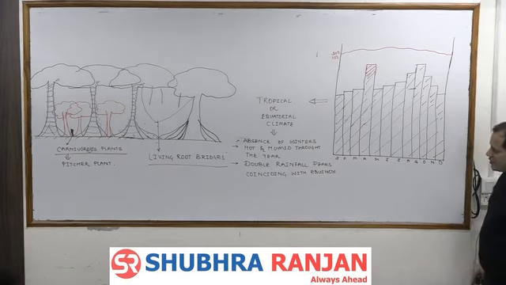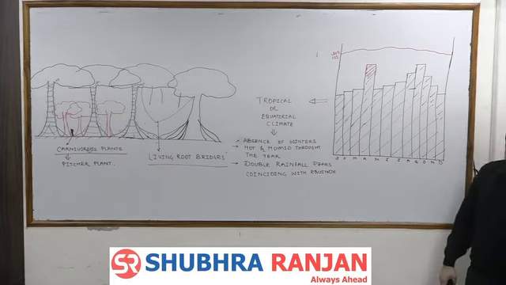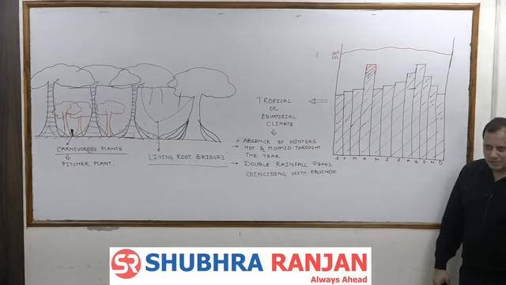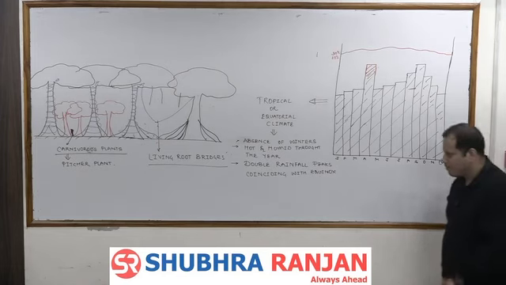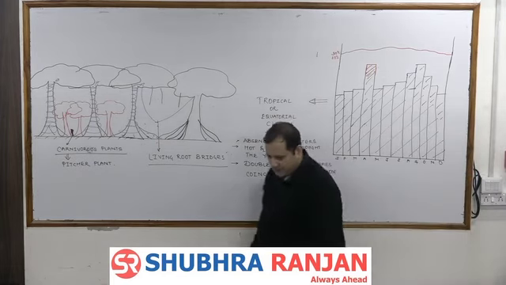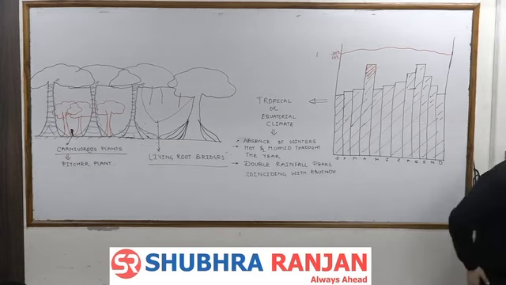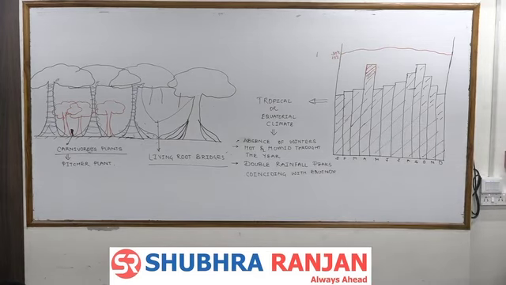Tropical evergreen forest has a characteristic arrangement of vegetation in different layers.